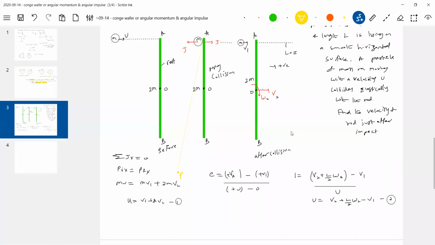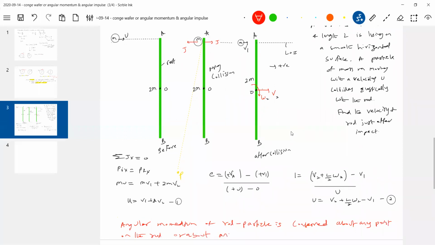Angular momentum of the rod and particle is conserved about any point on the rod or about any point on the ground.